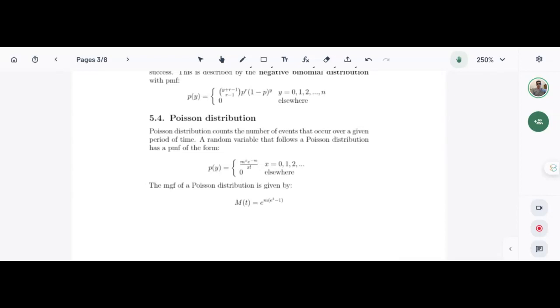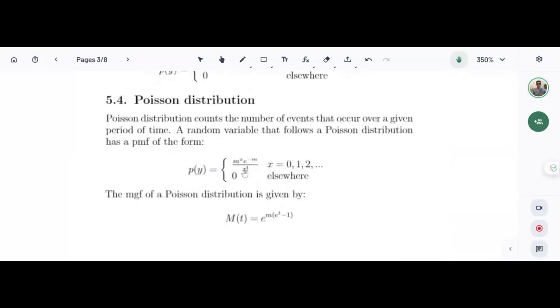This is the average fixed rate, the intensity. In these kinds of cases, when events happen at a fixed average rate over a given period of time, we use the so-called Poisson distribution. It has an important parameter mu, or sometimes this is denoted by lambda.